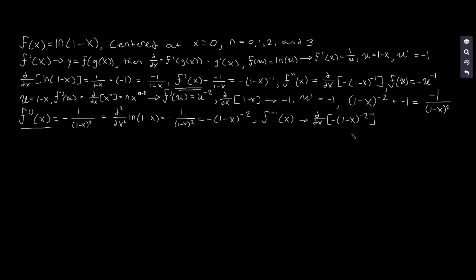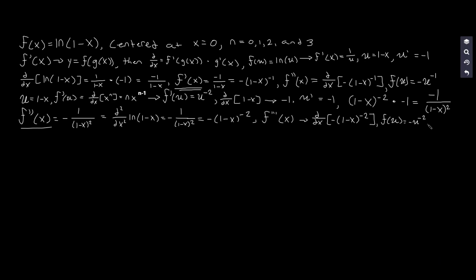Well, the outside function is the same thing as before, where we have the negative 2 on the outside, the negative symbol on the outside. So we'll be able to set f of u equal to negative u brought up to the negative second power, like that.